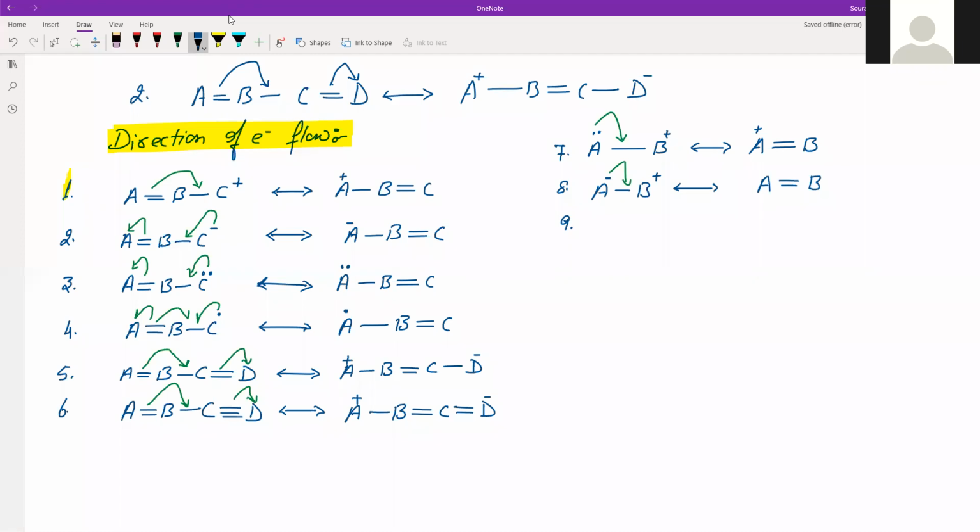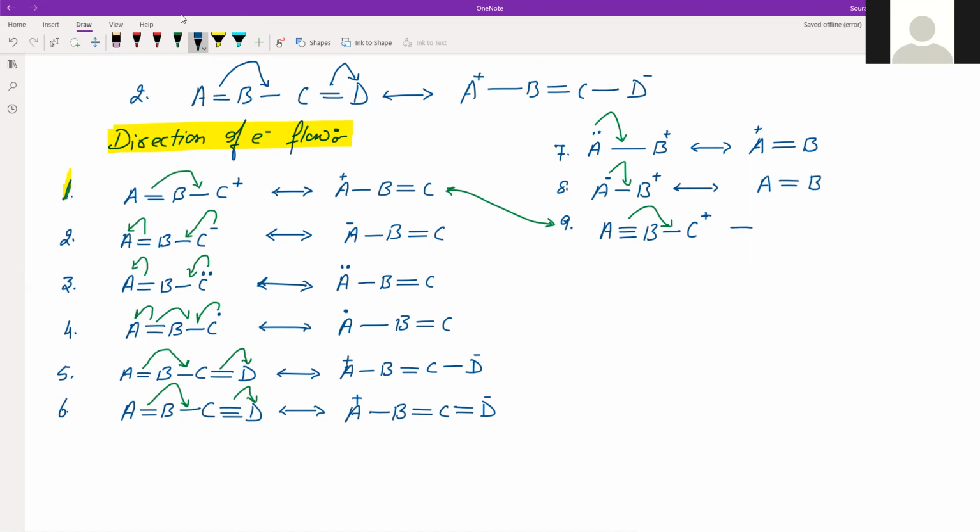And similar thing will be seen in other cases where we have taken, instead of A double bond B, A triple bond B and single bond C, and then on C there will be a positive charge. So now again same thing will happen, which we have seen in the first case. So this first and ninth are same or similar. What will happen here, from double bond it was going to this positive side, so from here also the same thing will happen.